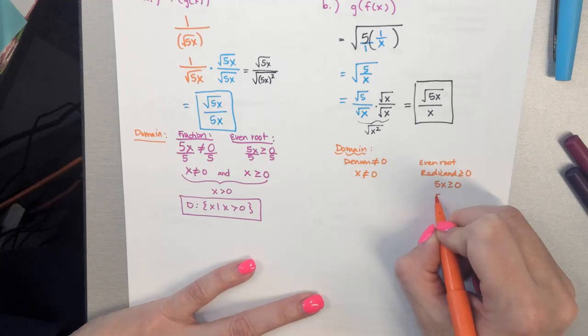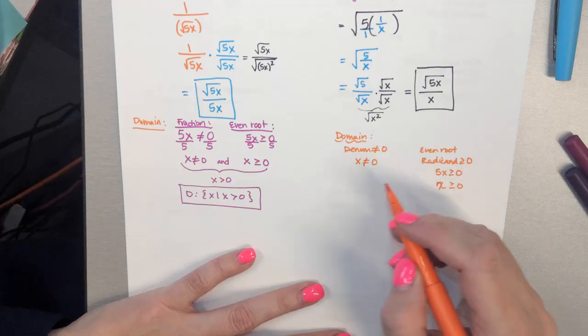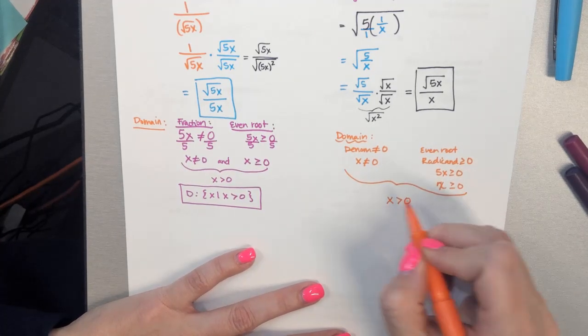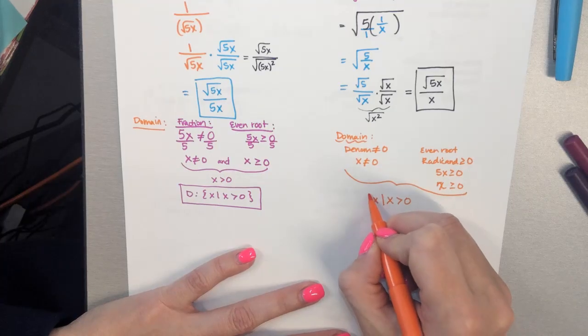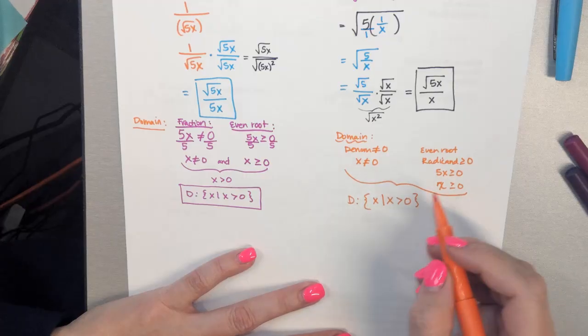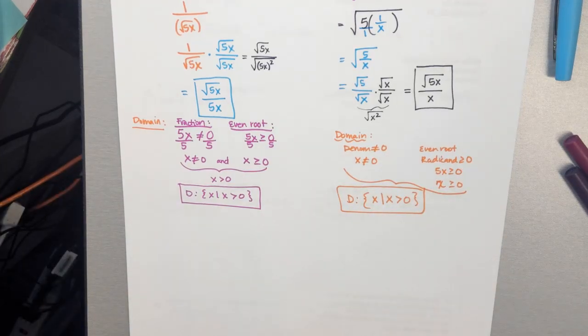And again, you are going to end up with x is greater than or equal to 0. So when you combine those together, your domain is x such that x is just greater than 0. It would flip the sign. Yep.